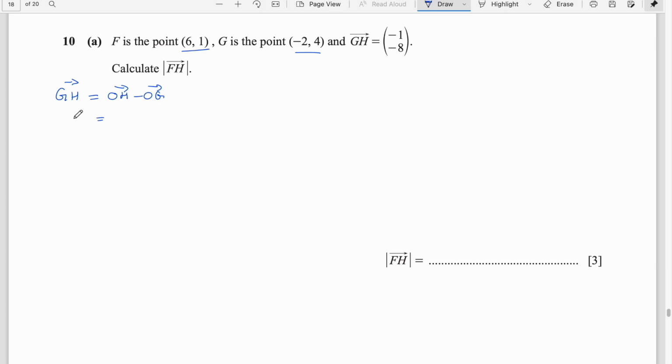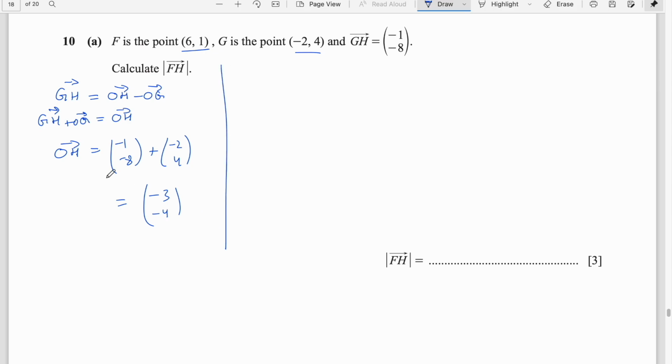So I'm making OH the subject. OH is equal to GH plus OG. So OH is equal to GH, which is already given, (-1, -8). OG is given, that is (-2, 4). So we're left with (-3, -4).